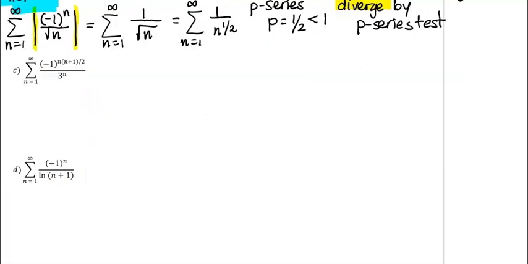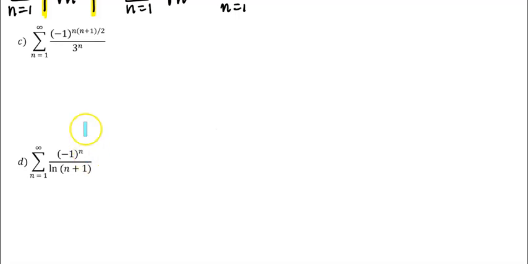In example C, it's important to note that I don't necessarily know, looking at this, whether or not this is an alternating series. So look at the difference between the factor of -1 with an exponent in example C and the factor of -1 with an exponent in example D. With this (-1)^n, I definitely know that this series is alternating.